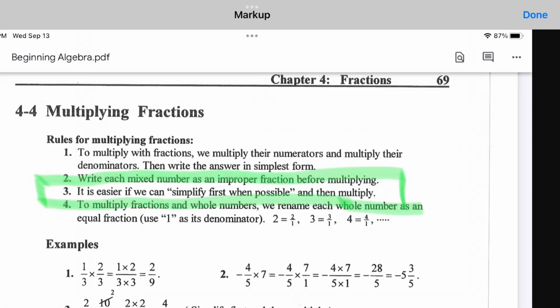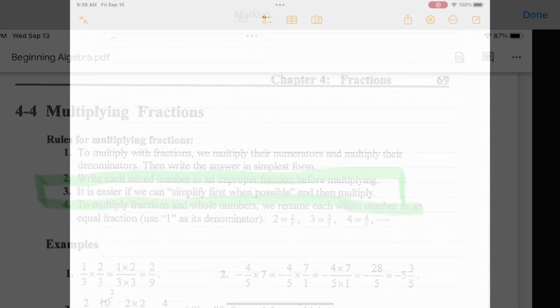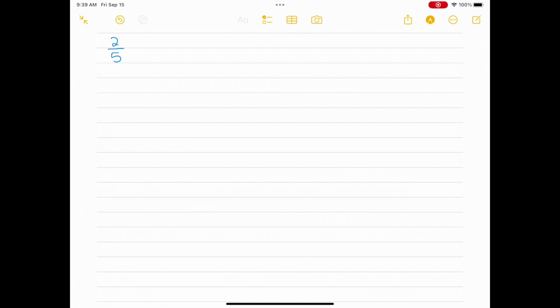3. It is easier if we can simplify first when possible, then multiply. 2/5 times 10/17. We can see that 10 and 5 have a common factor of 5. 10 divided by 5 equals 2.